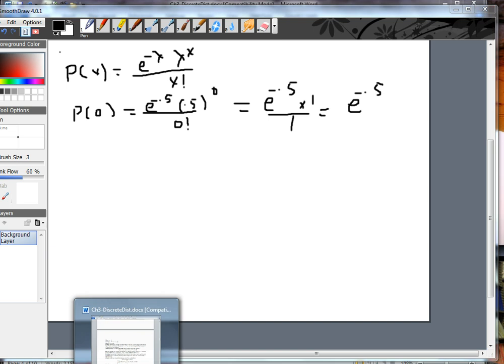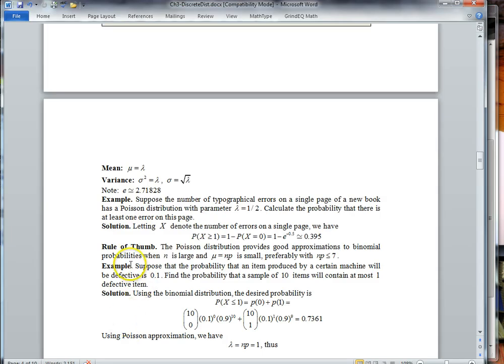Go back to the problem we have. The nice thing about the Poisson distribution is we can use it to approximate binomial probabilities, and it's a very good approximation, but it works only if n is large in the binomial distribution, so we have a large number of trials, and p, the probability of success, is very small, so that the mean mu equals np is small, usually less than 7.